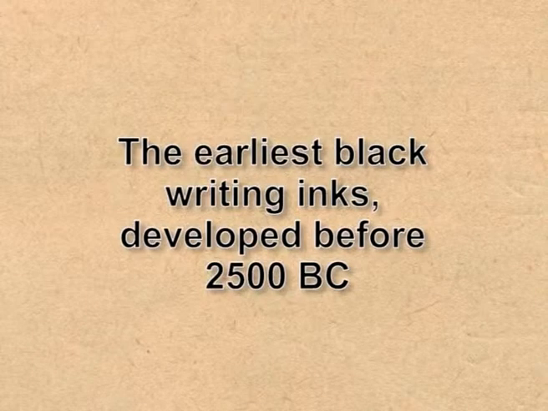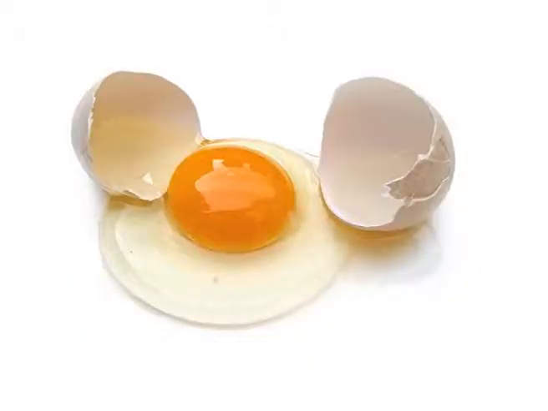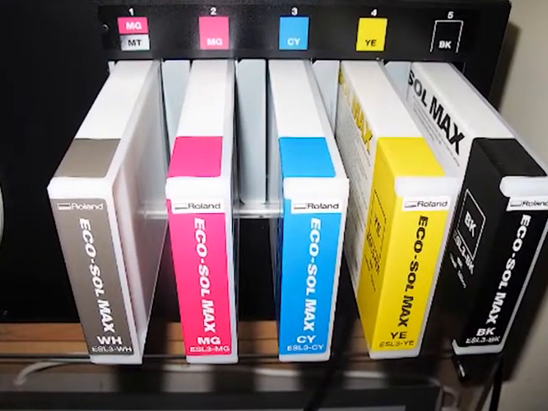The earliest black writing inks developed before 2500 BC were the suspensions of carbon, usually lampblack, and water stabilized with a natural gum or materials like egg albumin. The pigment may or may not be colored and the solvent may be aqueous or organic in nature.